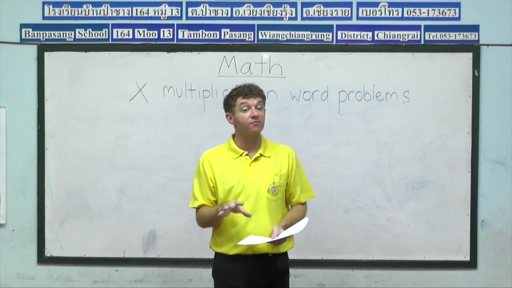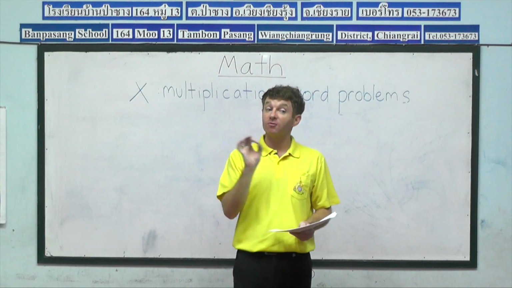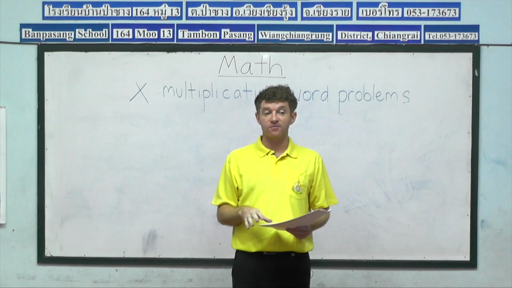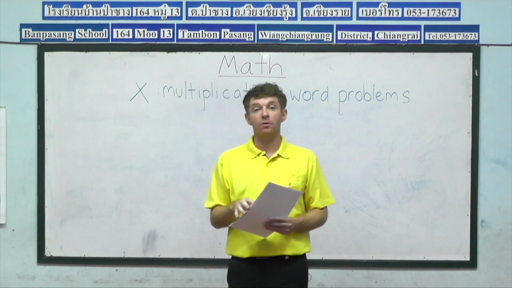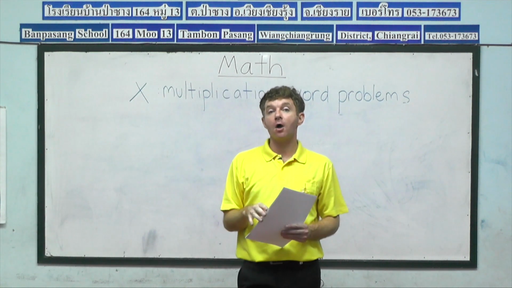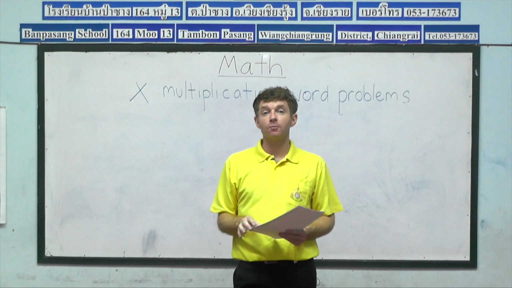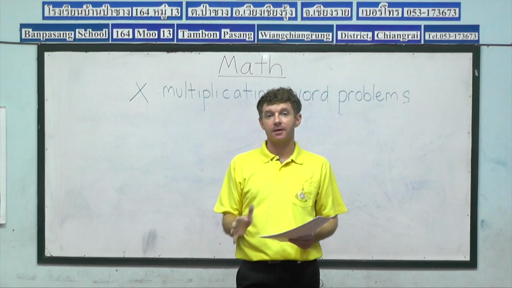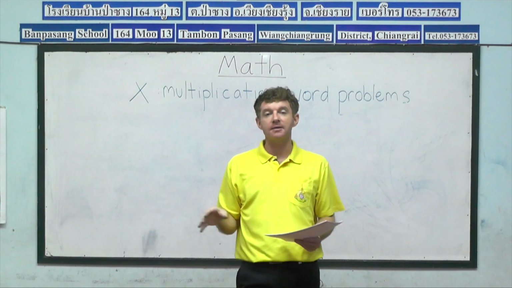And what we're looking for, guys, is 3 digits multiplied by 2 or 3 digits. It's up to you. So our students need to think of a scenario, such as cars in a parking lot or sweets that are eaten. The multiplication word problem can be about anything, and we encourage our students to think independently and create their own.